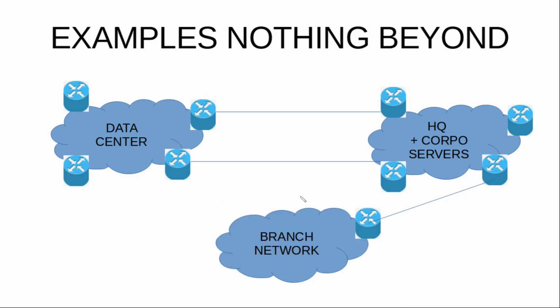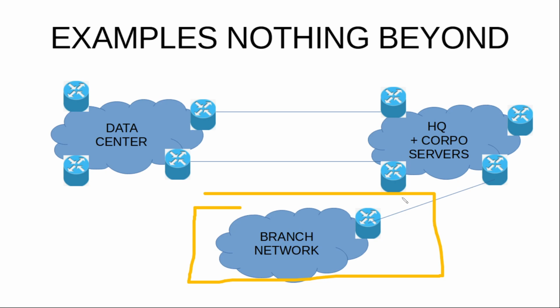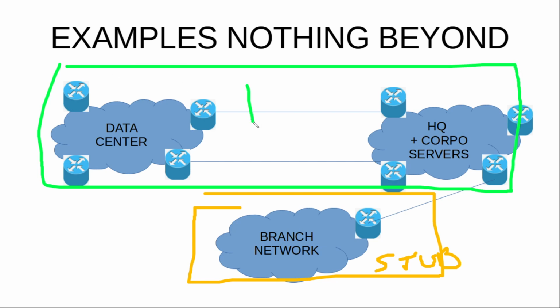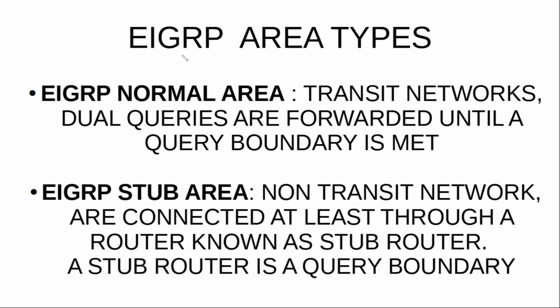Let's put another example here. For instance, you have a branch office that is connected to your corporate network, and in this case it makes a lot of sense to define this as a stub network and define these two parts of your network as your transit. So when it comes to EIGRP, you have two types of areas: normal areas and stub areas.